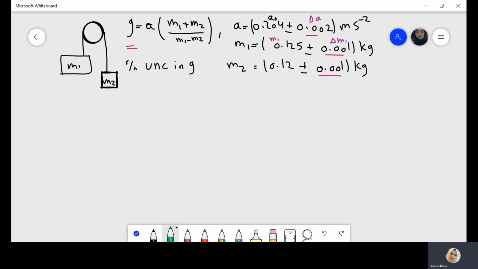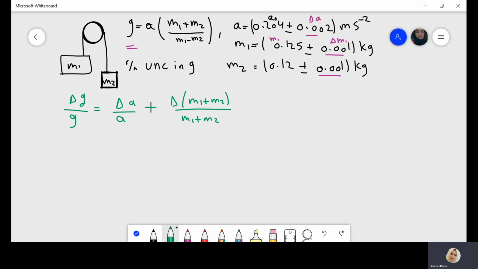So here the equation will be: the absolute uncertainty for G divided by G will equal the absolute uncertainty for A divided by the original value. This will give me the fractional uncertainty, plus the absolute uncertainty for M1 plus M2 divided by the measured values for M1 plus M2.